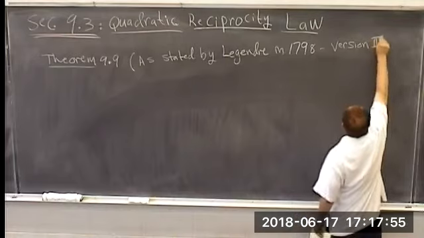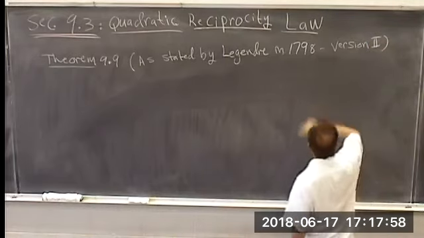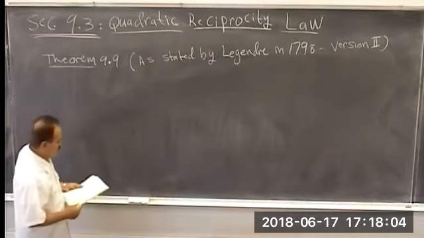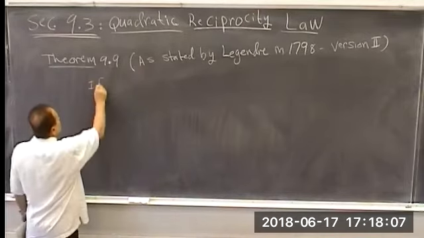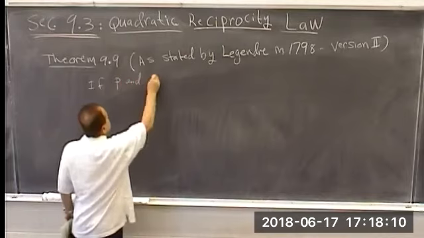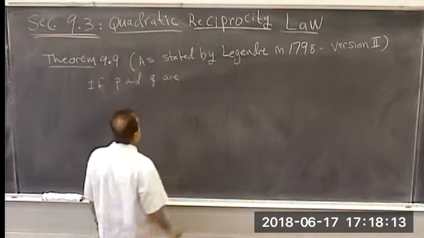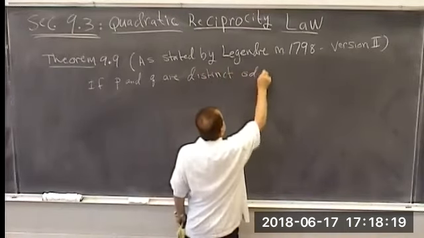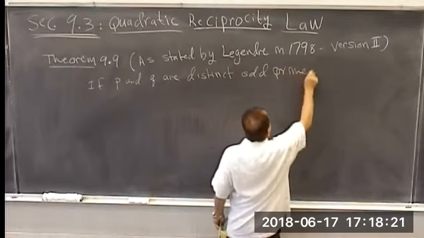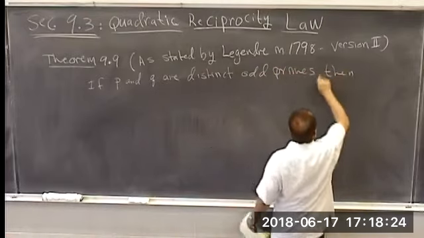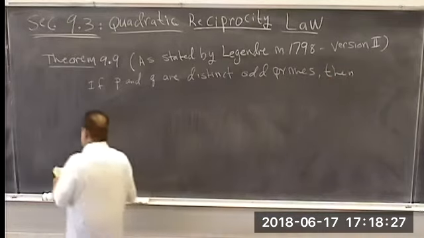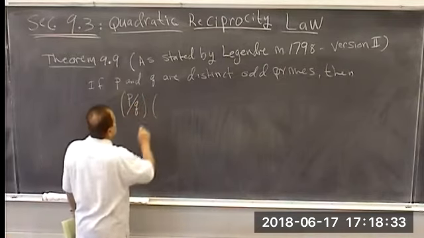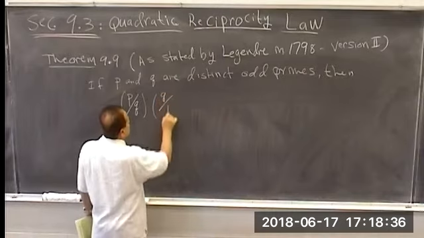So this is what we're going to call the second version of the quadratic reciprocity. The first one has to do with the solvability of quadratic congruences, this one is in terms of Legendre's symbol. And it reads like this: if p and q are distinct odd primes, then the Legendre symbol p over q multiplied by the Legendre symbol q over p.